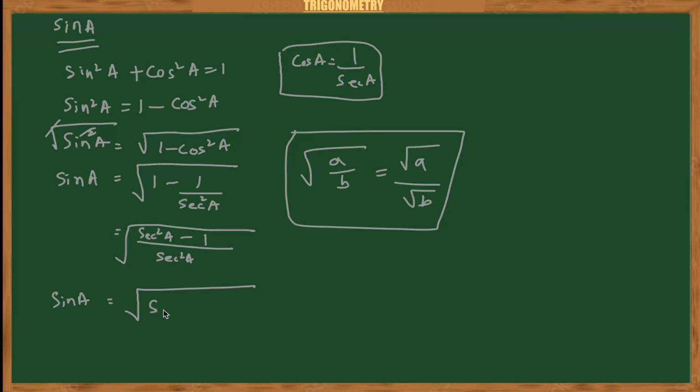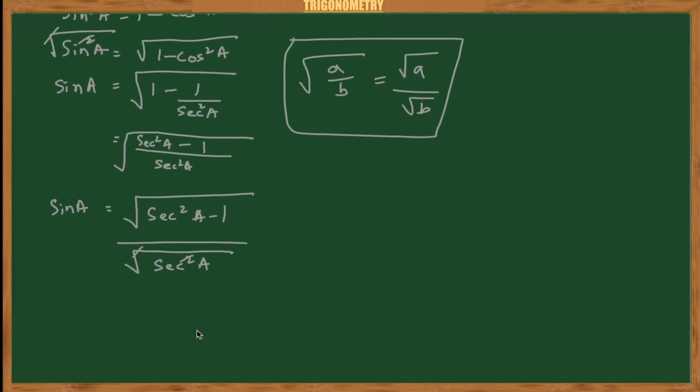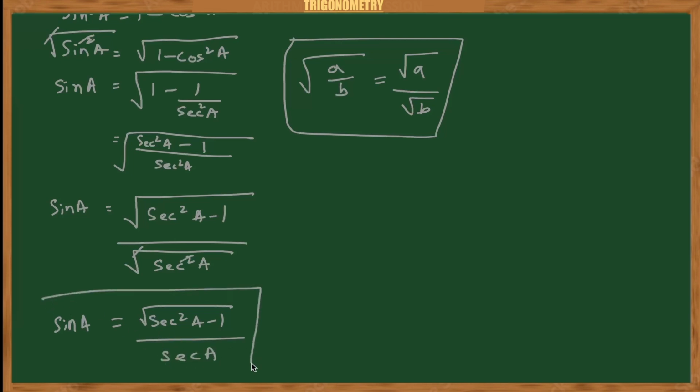So root of secant square A minus 1, divided by root of secant square A. The square root gets cancelled. So sin A in terms of secant A is root of secant square A minus 1 divided by secant A. This is how we have represented sine in secant terms.